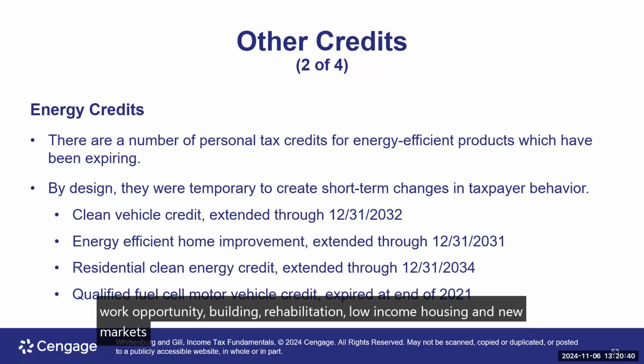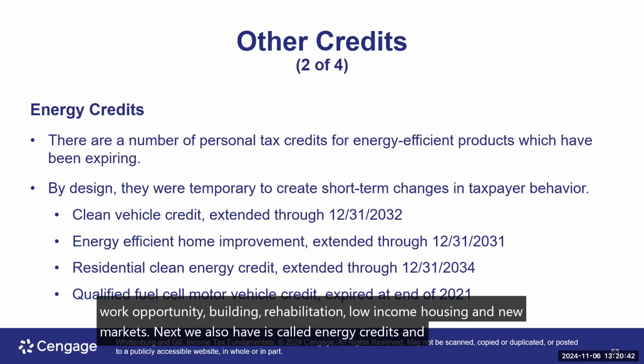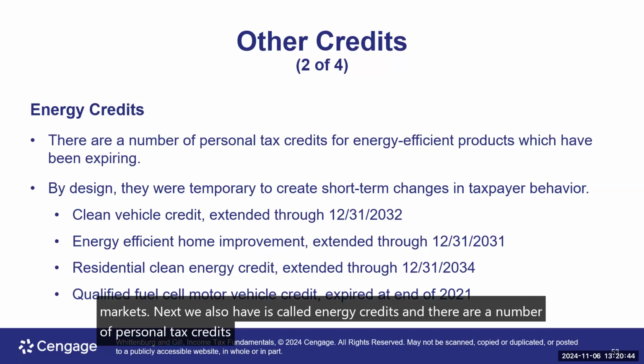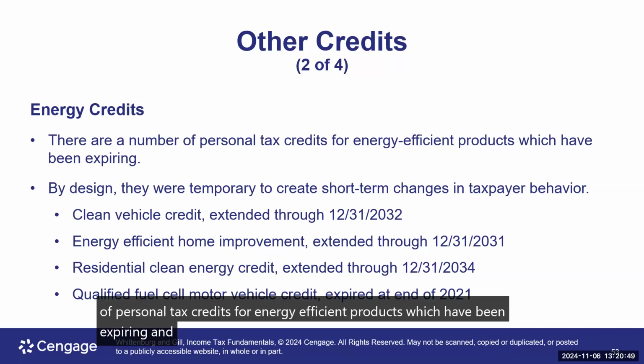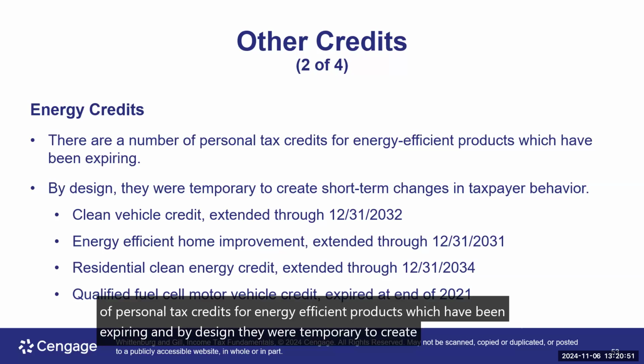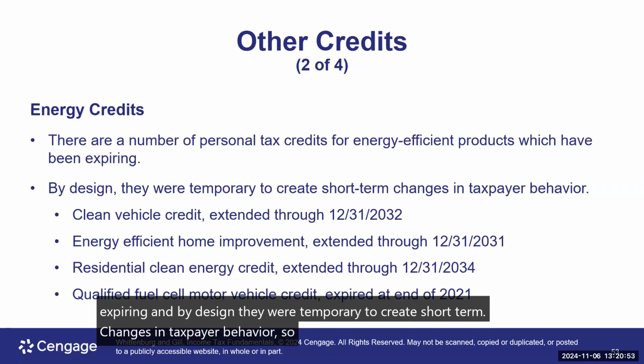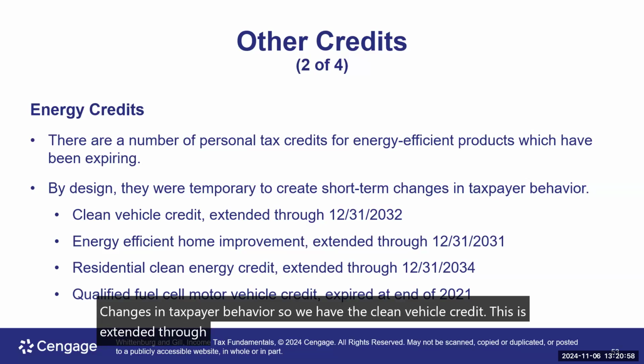Next, we also have what's called energy credits, and there are a number of personal tax credits for energy-efficient products which have been expiring. By design, they were temporary to create short-term changes in taxpayer behavior. So we have the clean vehicle credit, which is extended through December 31st, 2032.